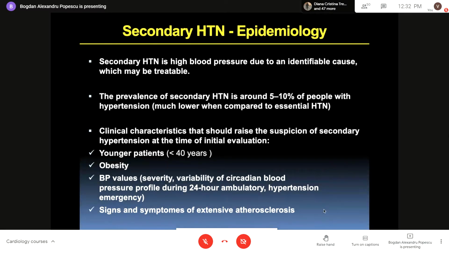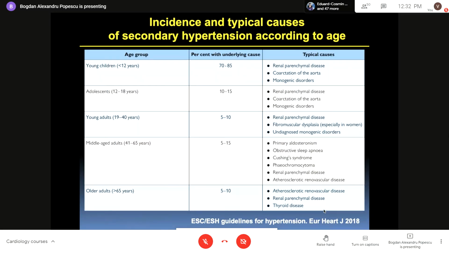Obesity, you may think of several causes, and we will discuss that. Then there are some blood pressure values which may suggest a specific pattern of hypertension. We will also discuss that.